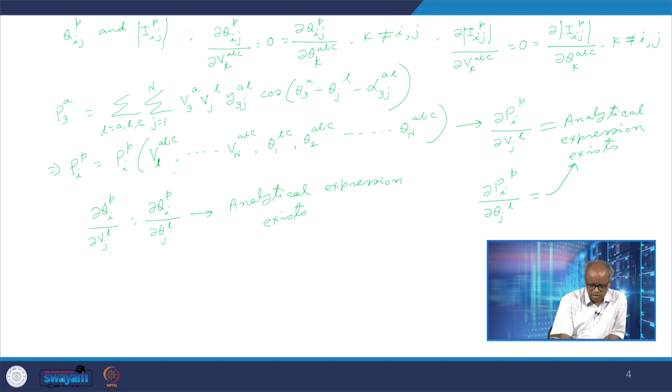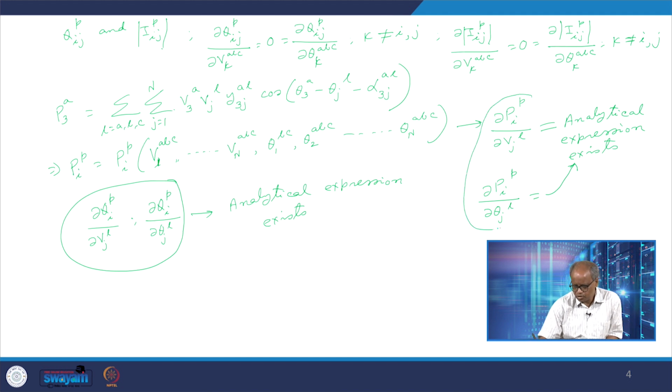Of course, some of these expressions we have already derived in the load flow analysis, so we already know them. The others you have to derive, and I am again keeping them for you as homework, because this algebra would be much simpler. So it will be fun.